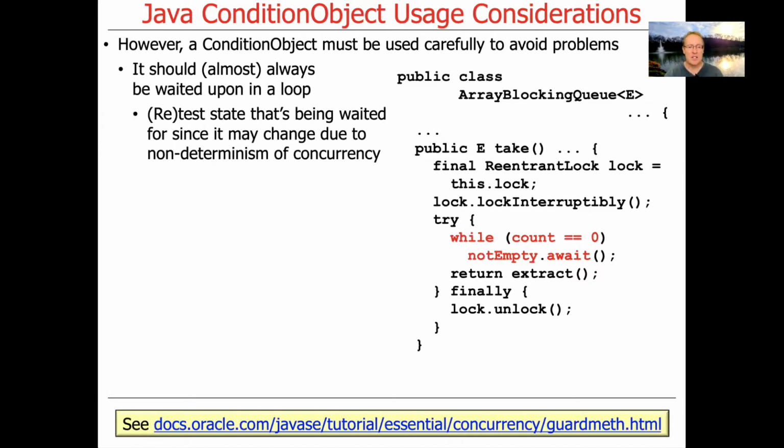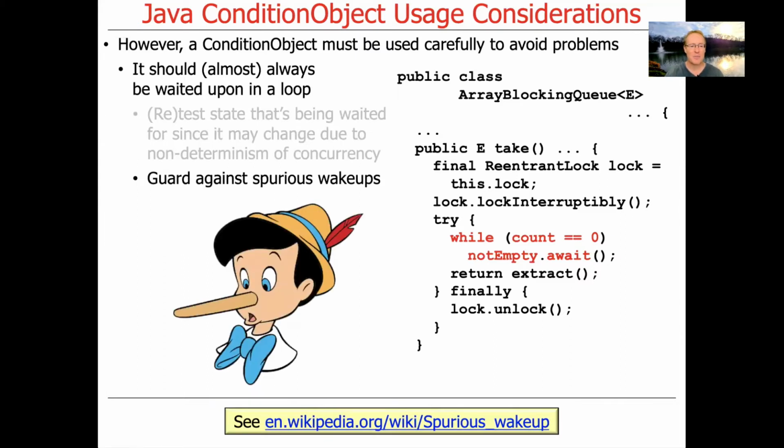And the reason for doing this is you need to be able to test and or retest the state, the shared mutable state that's being waited upon, since it may change in a somewhat unexpected way due to the inherent non-determinism of concurrency. So concurrency is inherently non-deterministic, and this particular pattern or idiom is just par for the course when you deal with that particular fact.